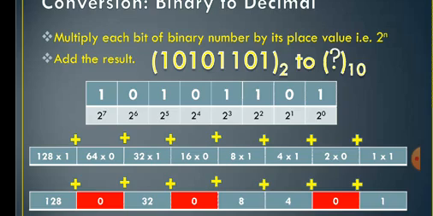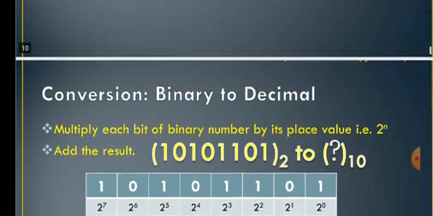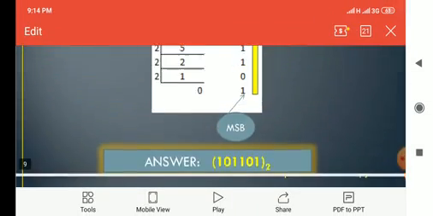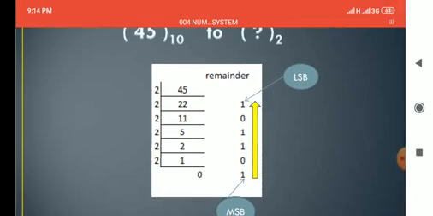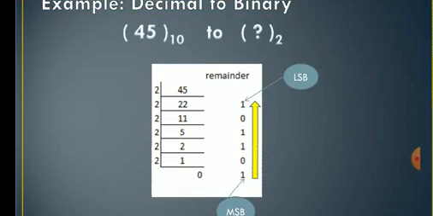Already we have seen how to convert decimal to binary. We will be using the division method, by which the base value you want to convert to is used as the divisor, and with the help of that we do the division and write the remainders.